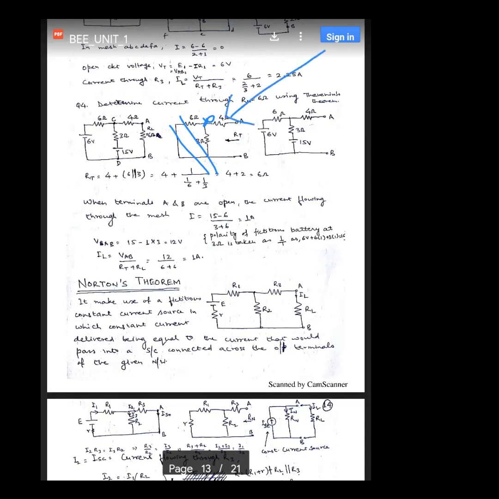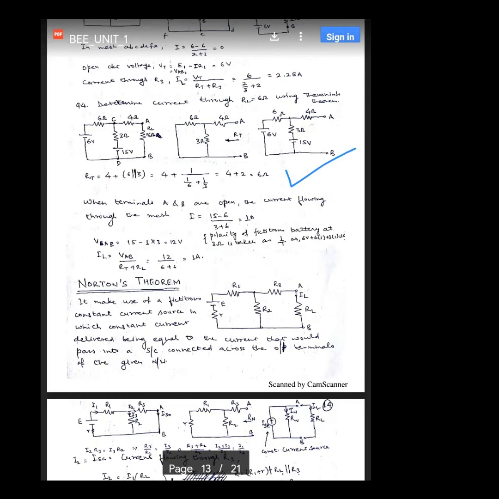In this way we can calculate the Thevenin resistance. Now we have to calculate the Thevenin voltage. For that we have to calculate the current which is flowing. Since the A and B terminals are open, no current will flow in the 4 ohm. Now we have to focus on the first loop.